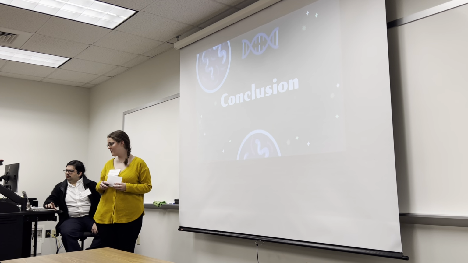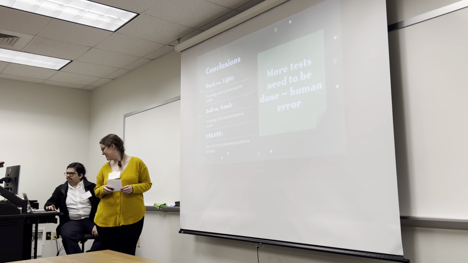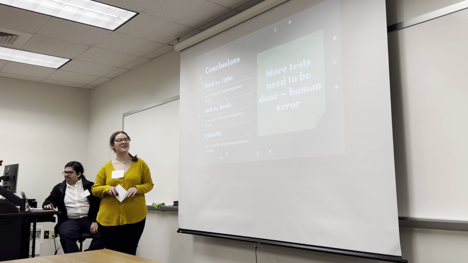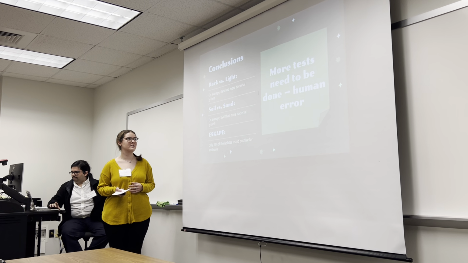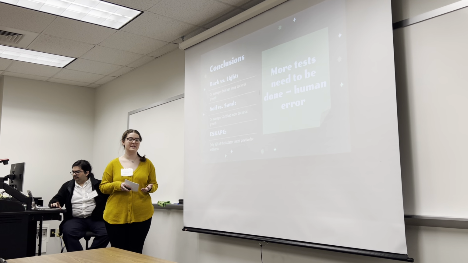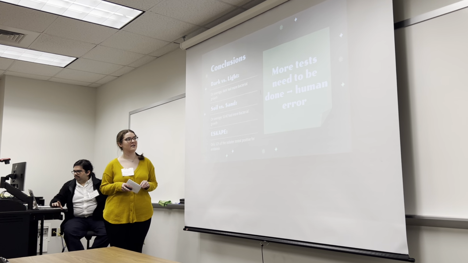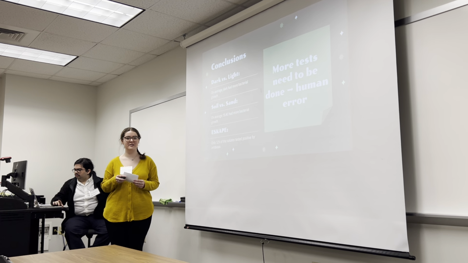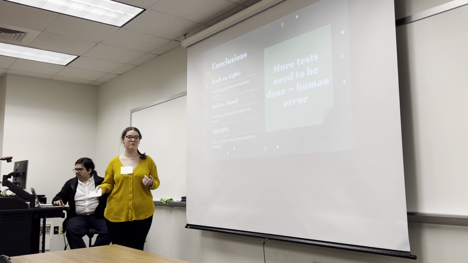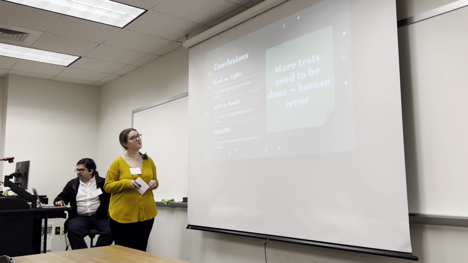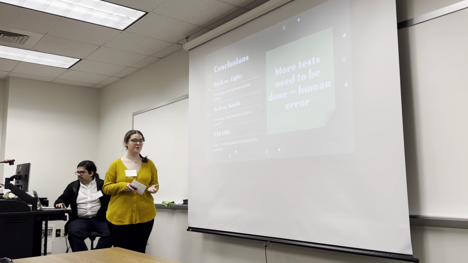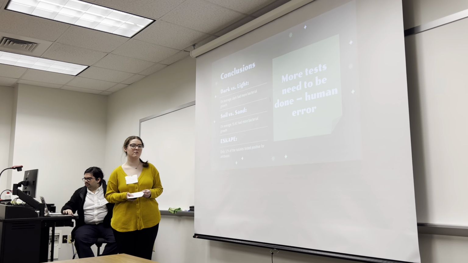So my conclusion is that with dark versus light, on average, dark had more CFUs and bacterial growth than the light isolates. However, I would like to see more, with different soil samples and more replicates. With the soil versus the sand, on average, the rosebush dirt, soil sample 2, had more bacterial growth.